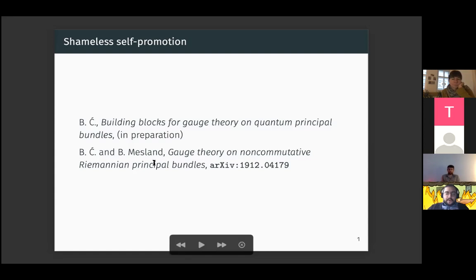So in the first section, I'm going to give you a semi-polemical, not particularly illuminating whirlwind introduction to what quantum principal bundles are in the conventional sense, and then I'll indicate the point of departure.